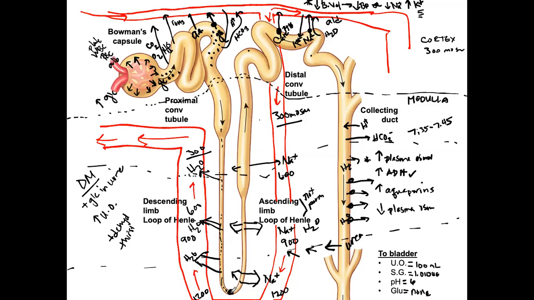Good, your pre-urine concentration is around 1200 milliosmoles. Really concentrated, okay? And then you come back up, and at the ascending limb, you're kicking out sodium. And so as you're kicking out sodium, what happens to the concentration of the urine? Good, it gets less and less concentrated, or more and more dilute. And by the time you come up to the cortex, it's actually 100 milliosmoles. So you started at 300, and then it got super concentrated, and then it got really dilute. And it's actually 100.